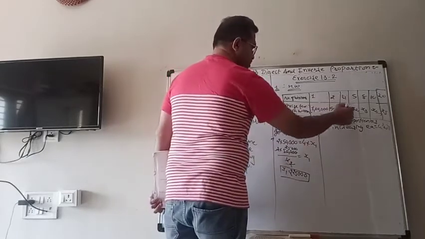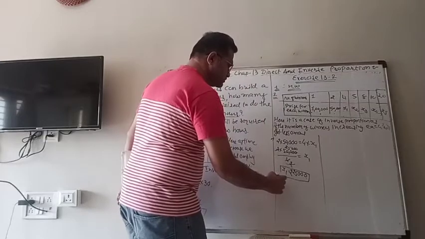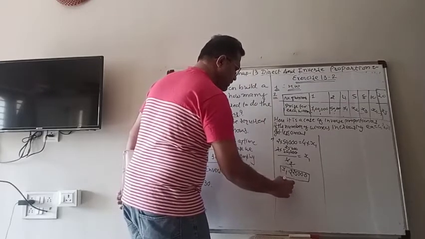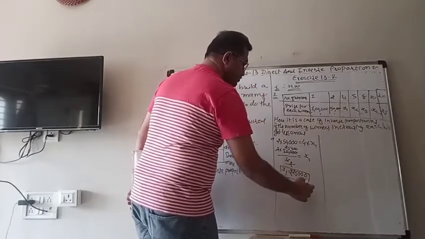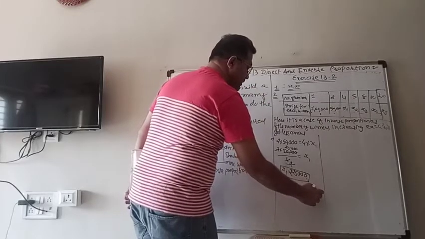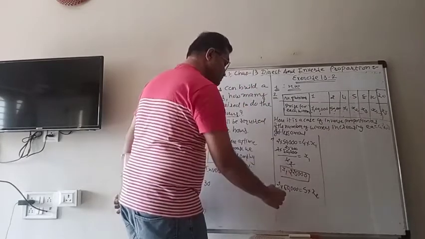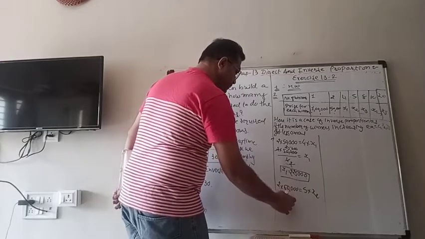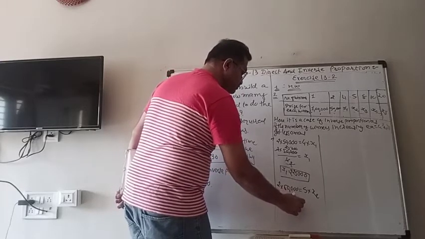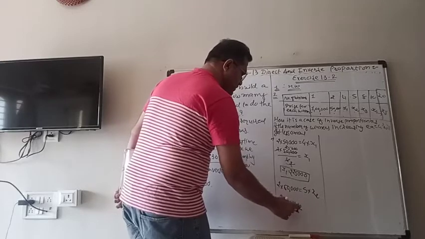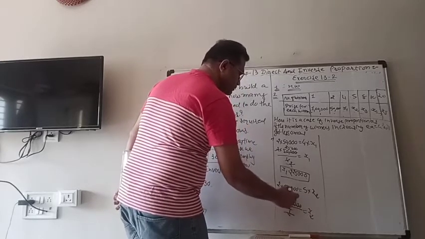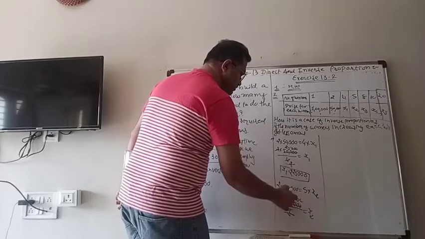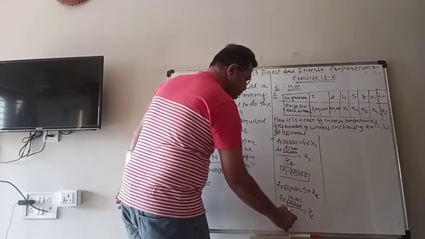Then we can take that also. That is 2 multiplied by 50,000 is equal to 5 multiplied by x2. So 2 multiplied by 50,000 divided by 5 is equal to x2. So 10 2s are 20,000.